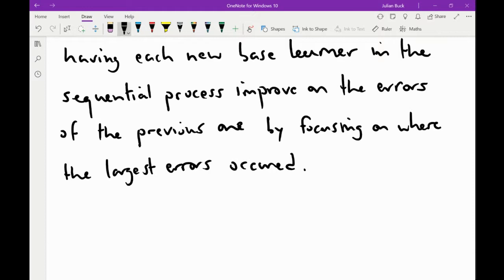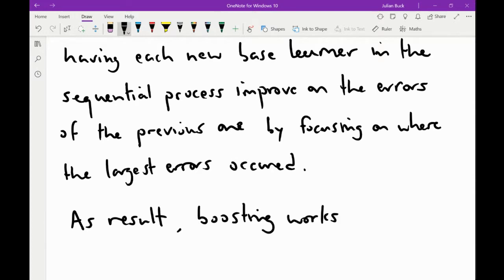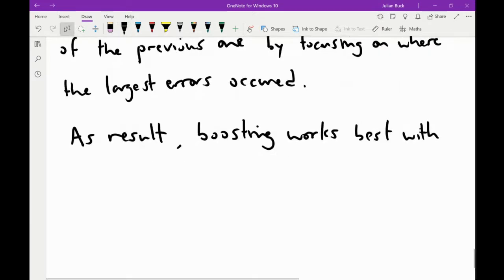Okay. So as a result, there's another place where it's kind of at right angles, or orthogonal, to bagging. So as a result, boosting as a process works best with high bias, low variance base learners.